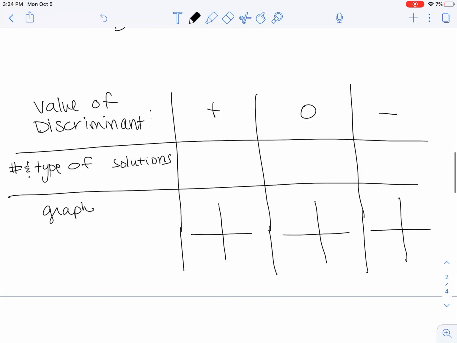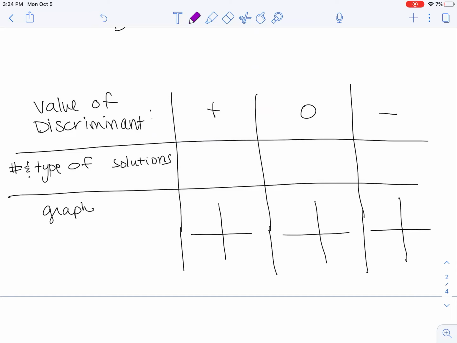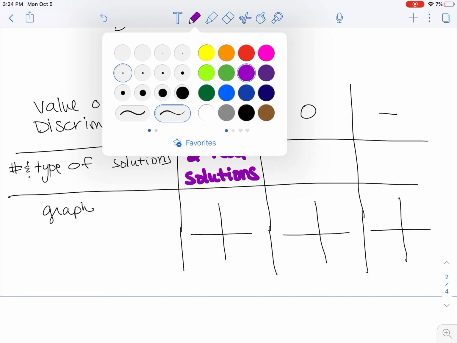If the discriminant is positive, it tells me there are 2 real solutions. Okay? It tells me that there are 2 real solutions.